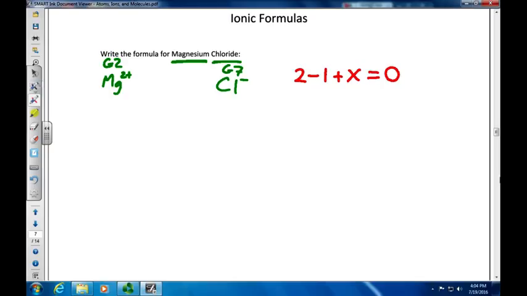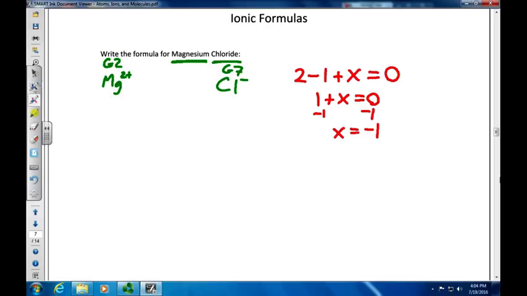Well, if you combine like terms, you find that 1 plus the unknown value is equal to 0, and then you just subtract 1 from both sides. And you find out that your unknown value has to be -1. So it's fairly simple in this case, but that basically means that our charge should be a -1.